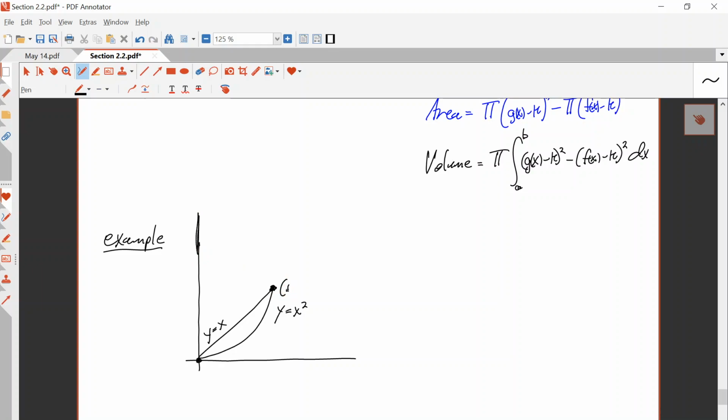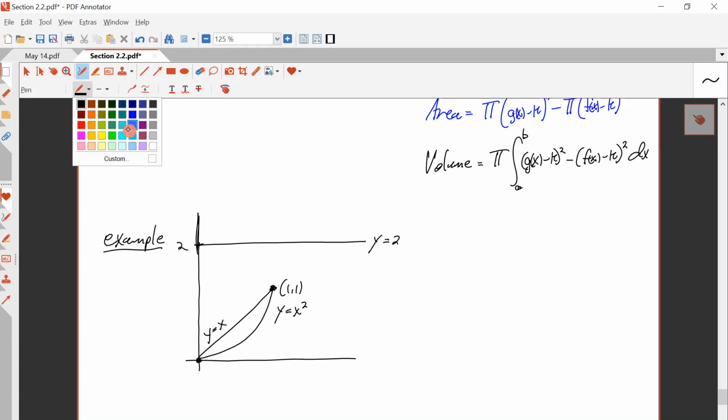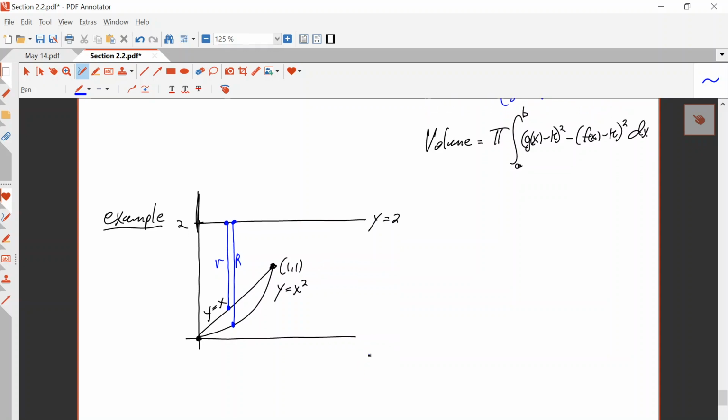This is the point (1, 1), and here's the line y equals 2. All right. So the little radius in this case is here, and the big radius is here. The little radius is the distance from here to here, and the big radius is the distance from here to here.